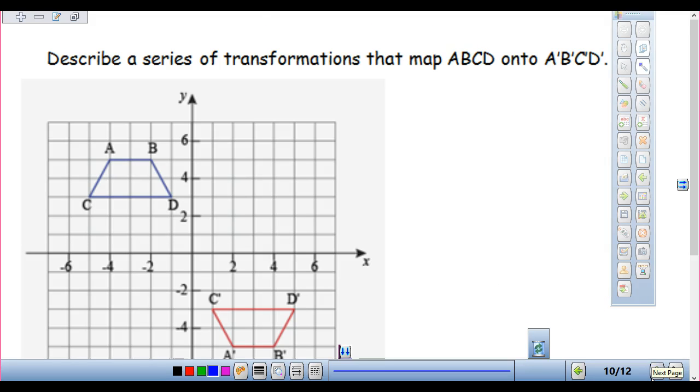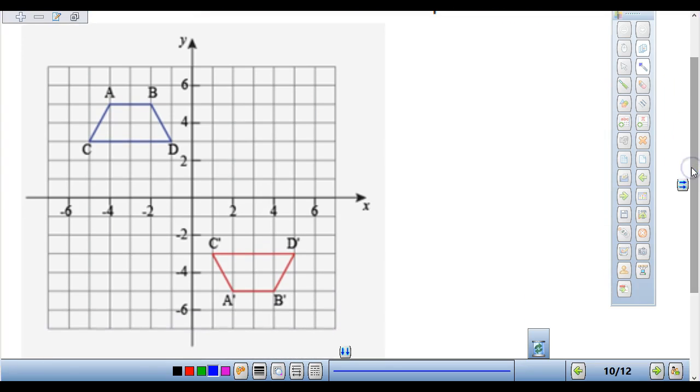This we do have to talk about, how they got from ABC to A double prime, B double prime, C double prime, because we're going to have to write a rule for this. The first thing that we have to do is figure out what our translation was.